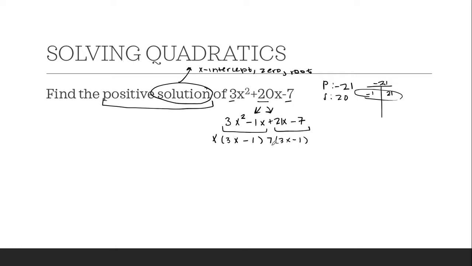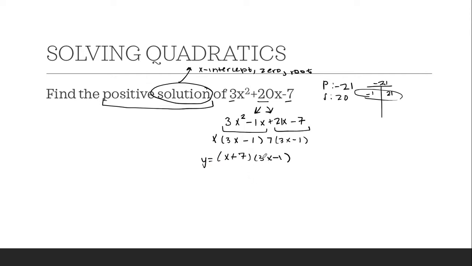And remember, your goal is to get the same thing in the parentheses. So my two factors are x plus 7, and what was in the parentheses? 3x minus 1. So these are my two factors.